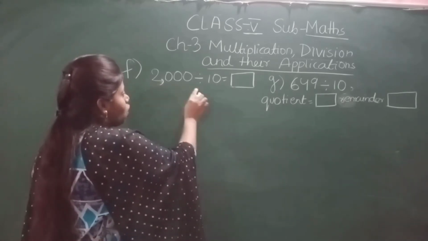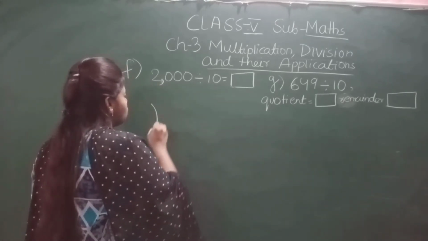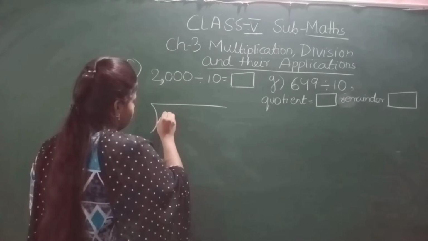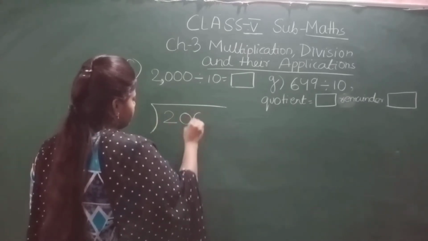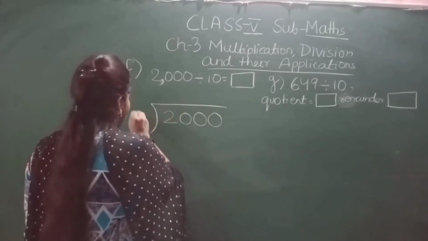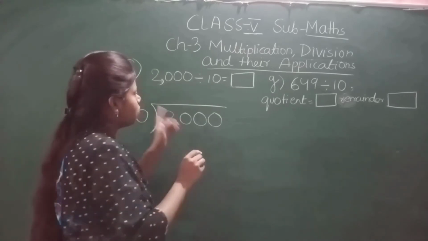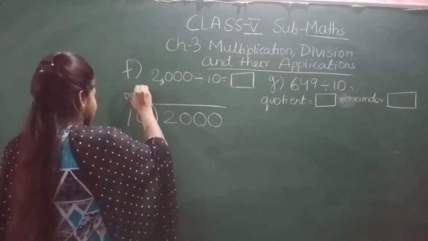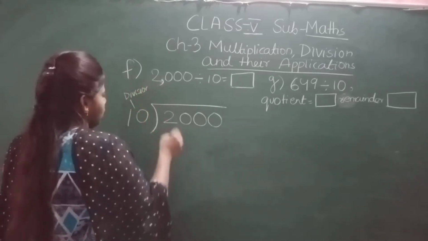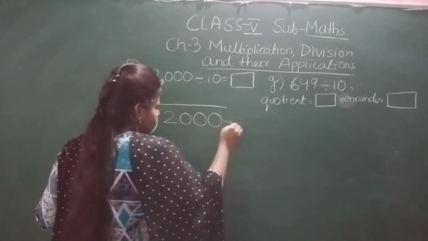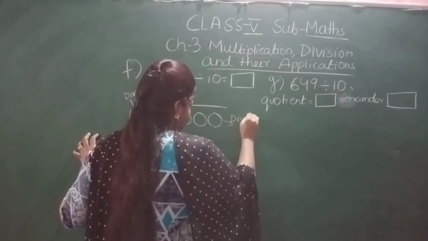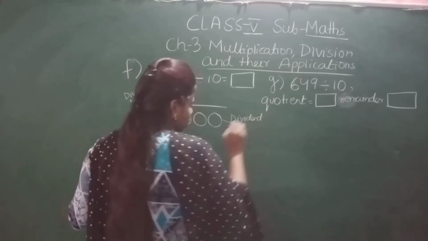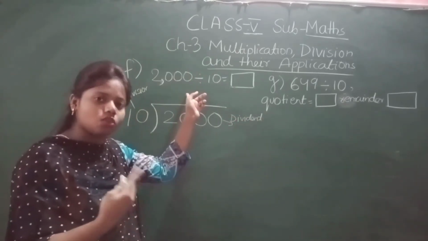This one we call dividend, so we will write 2000 here. This one is the divisor. The answer which we will get is the quotient.